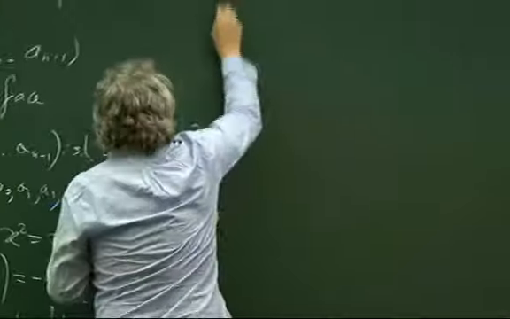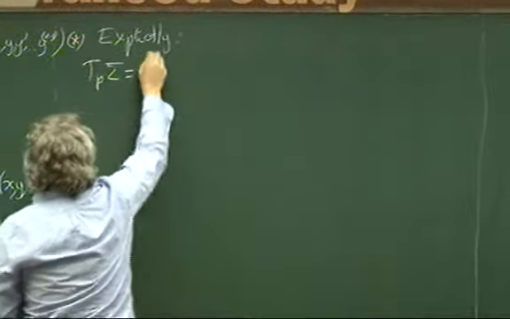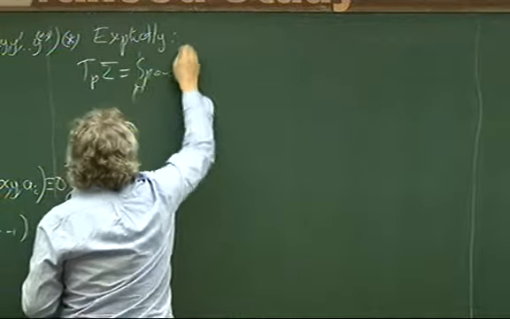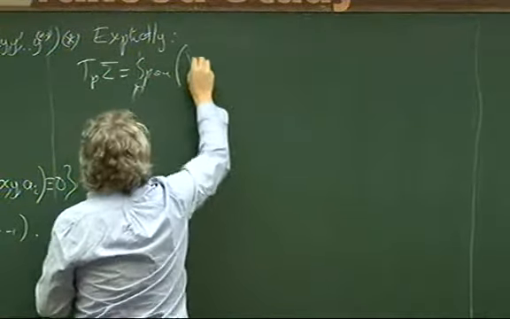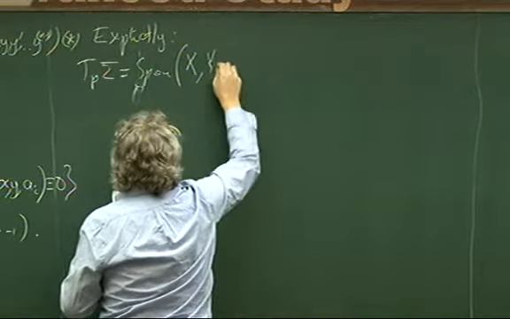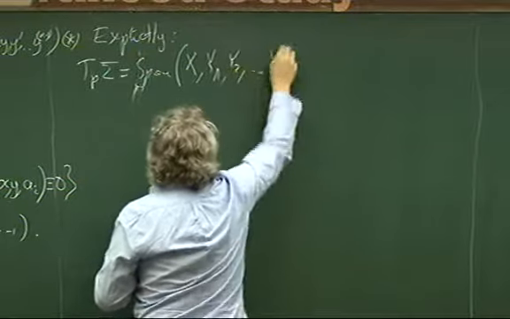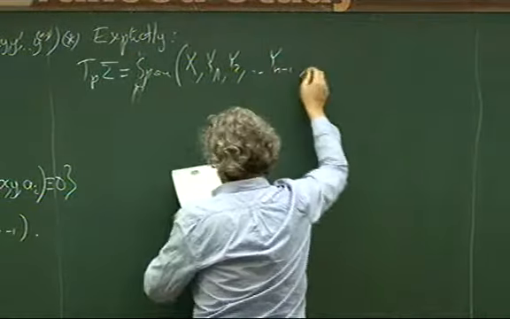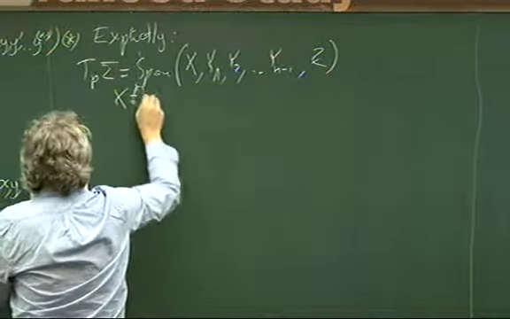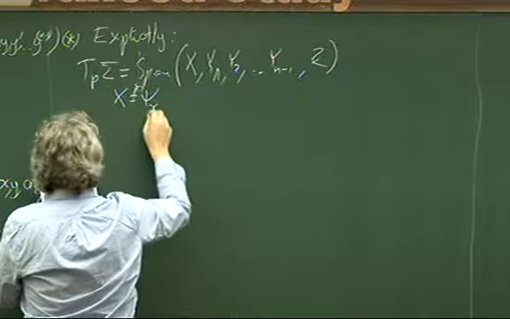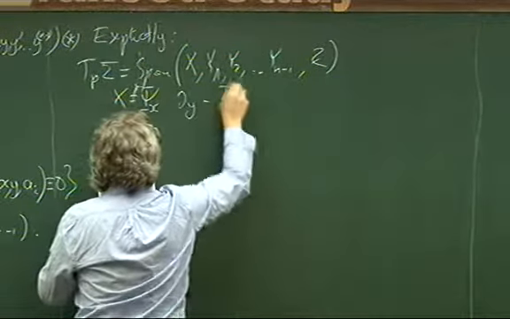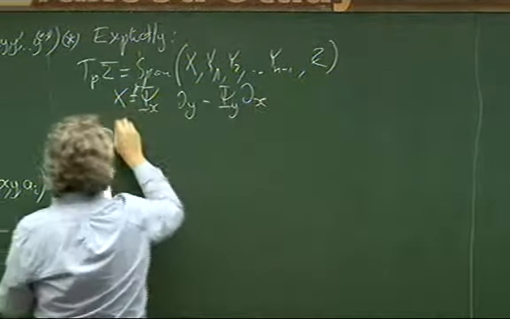Explicitly, my tangent space is spanned by vectors which I call X, Y1, Y2, up to Y_(n-1), and Z, where X is psi_x d_y minus psi_y d_x.